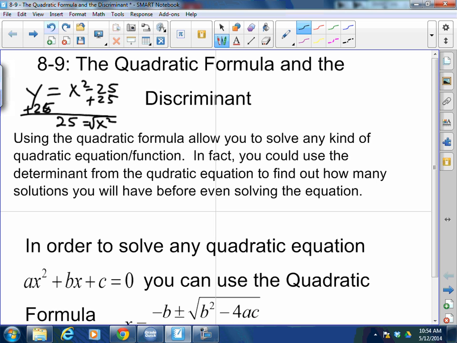Cancel out a power of 2 with a square root, and x will equal plus or minus 5. Again, what that means is that at -5 and +5, I have two solutions, right?